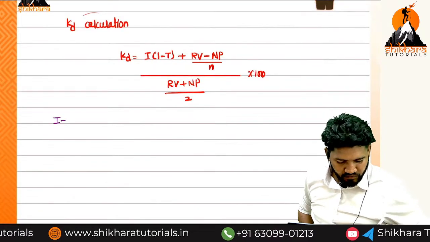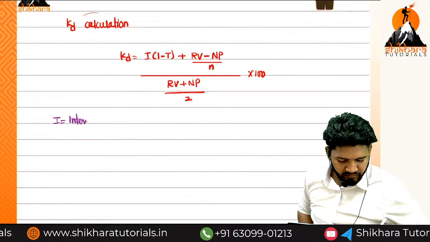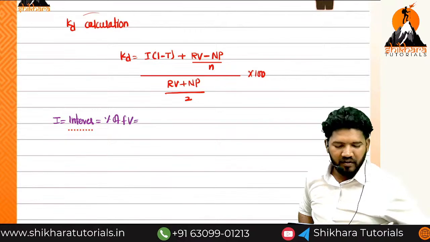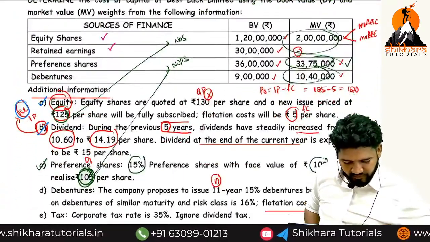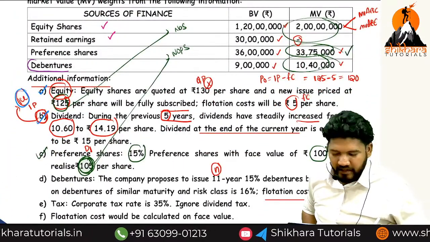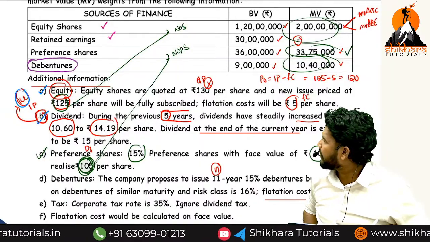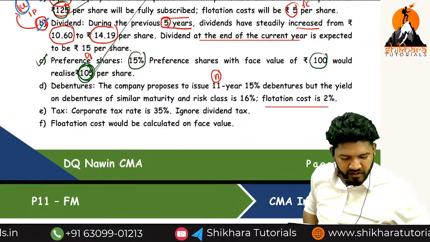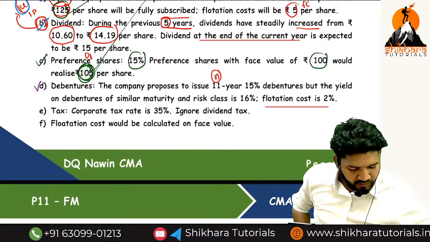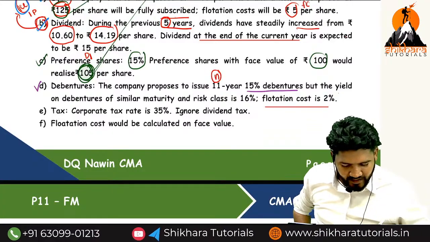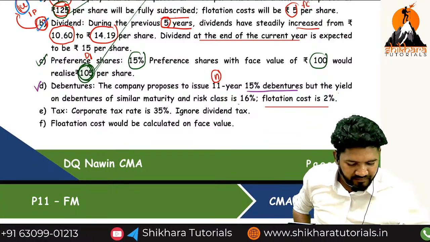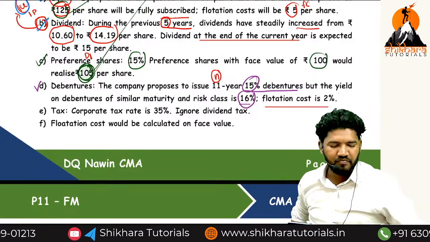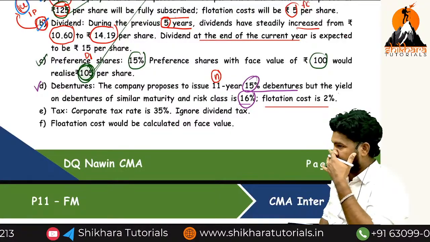I equals interest, that equals percentage on face value. Here the percentage is not mentioned in the question paper. But when it comes to the additional point, they mention two rates: 15% debenture, but the yield on debenture of similar maturity and risk class is 16%. Now tell me, which one I need to consider as the interest rate?